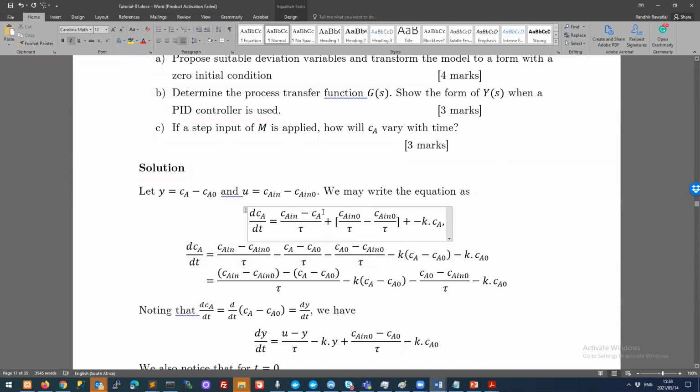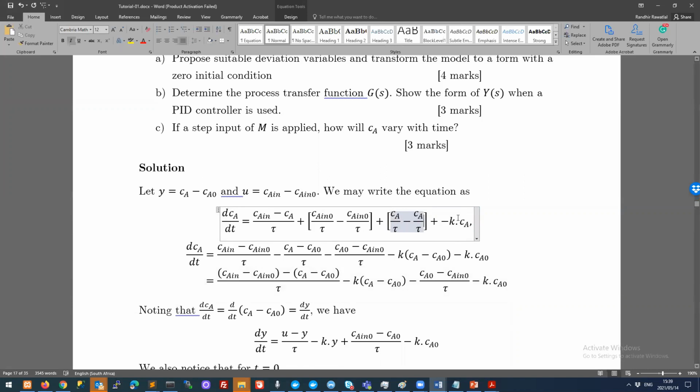And then we've got CA here and CA here. So we want to make the departure from steady state. We're going to do this again here. So we're going to say plus CA over tau here minus CA over tau there.